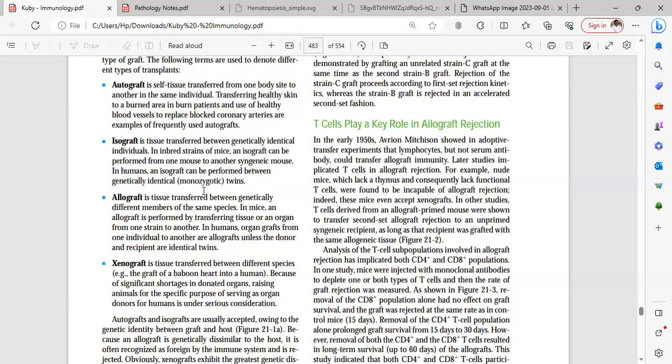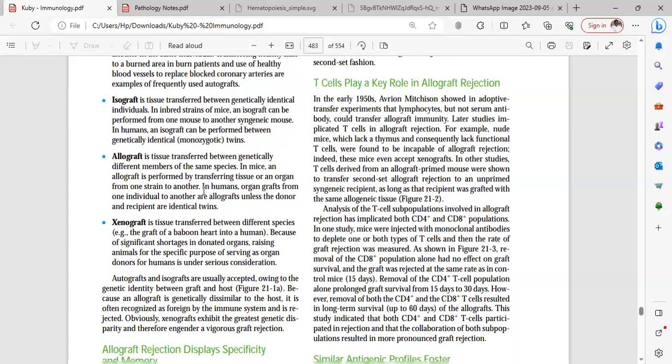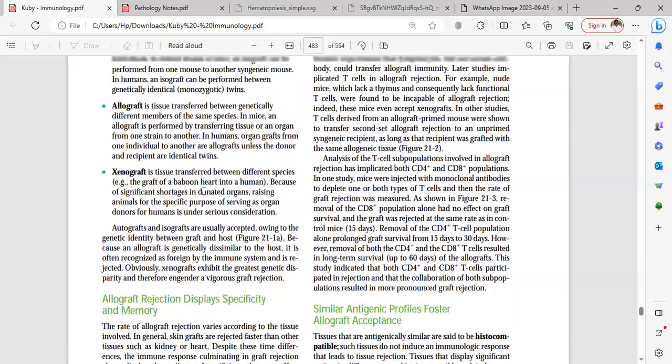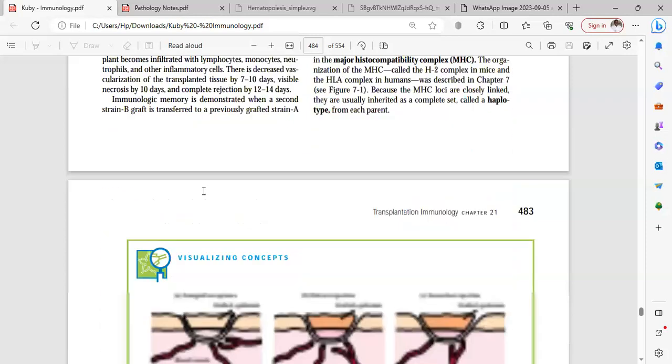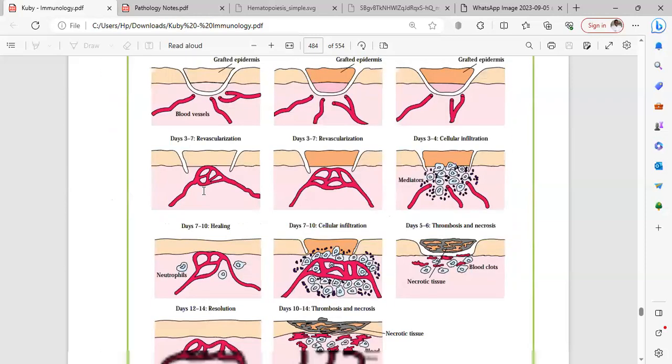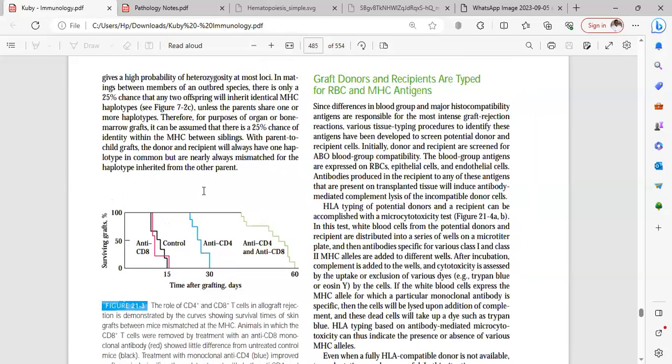The other aspect we'll talk about is two things: graft rejection and graft versus host disease. And then that will be the end of this topic, because most of the things are so deep to talk about.